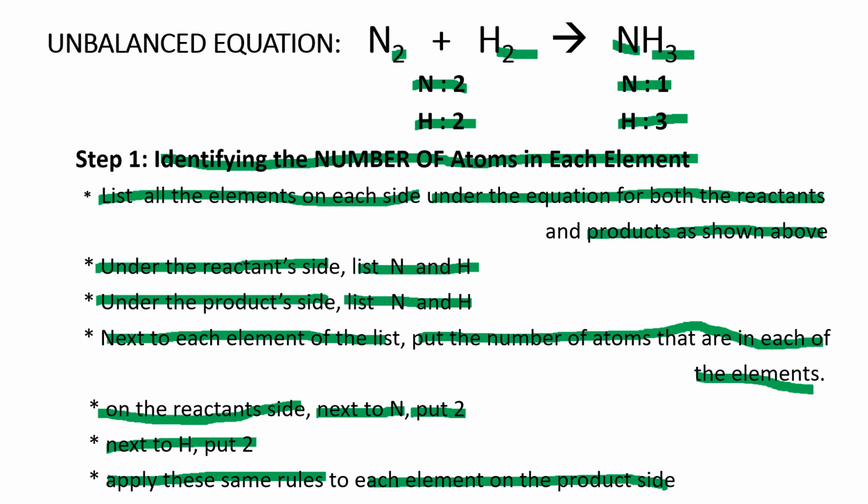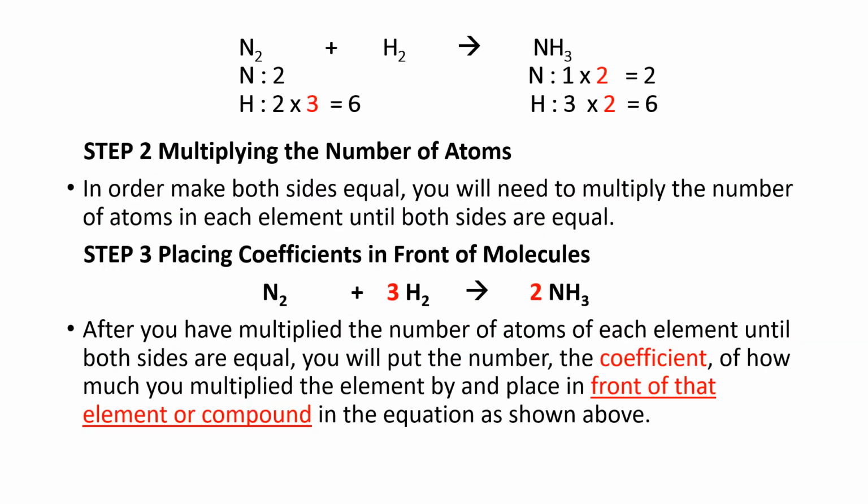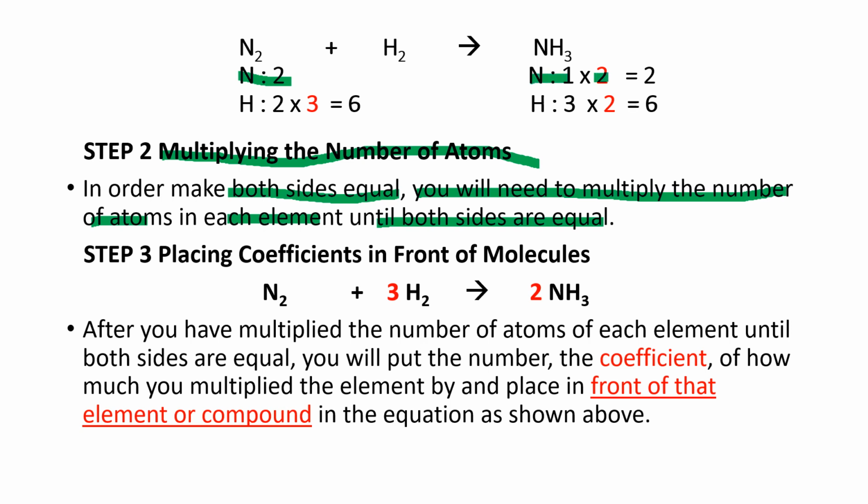And then step 2 is multiplying the number of atoms. In order to make both sides equal, you need to multiply the number of atoms in each element until both sides are equal. The number of atoms of nitrogen on the reactant is 2. On the product, it's only 1. So it is multiplied by 2. 2 times 1 is equal to 2.